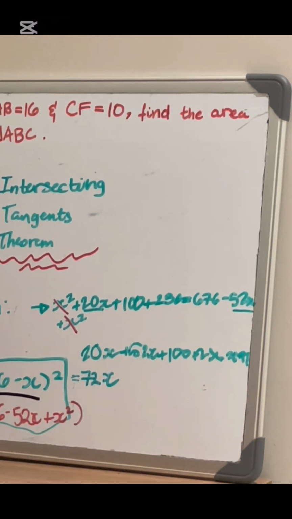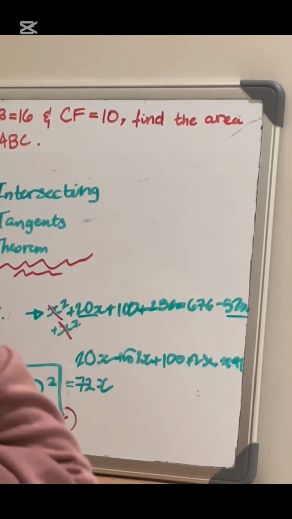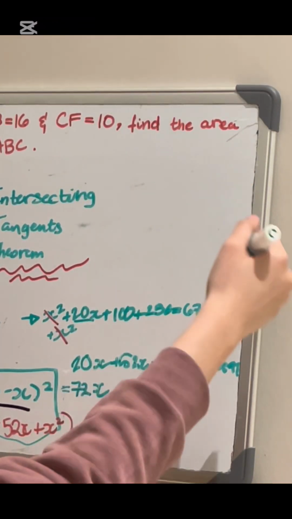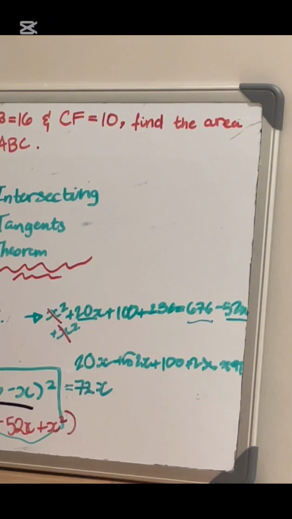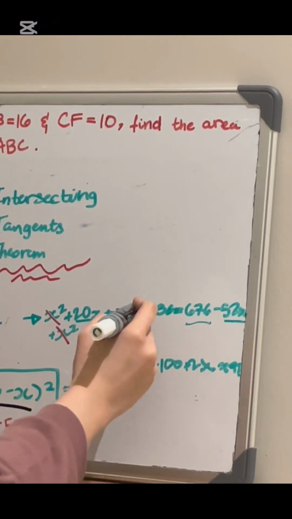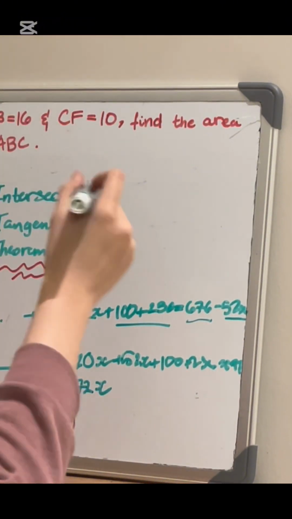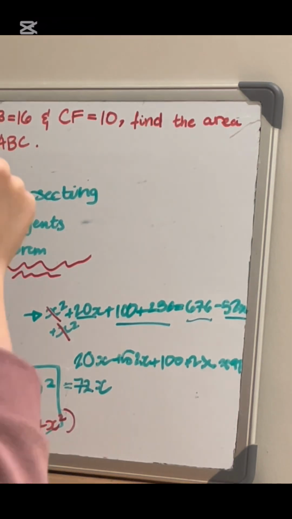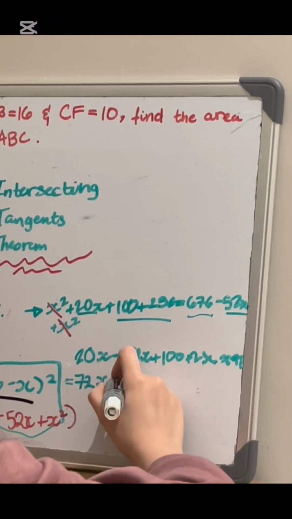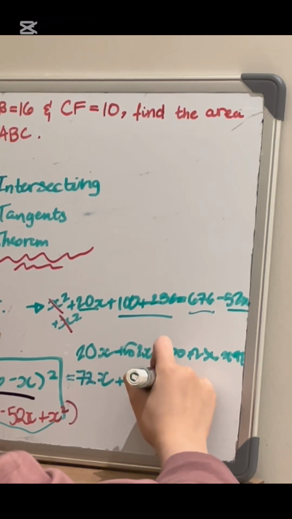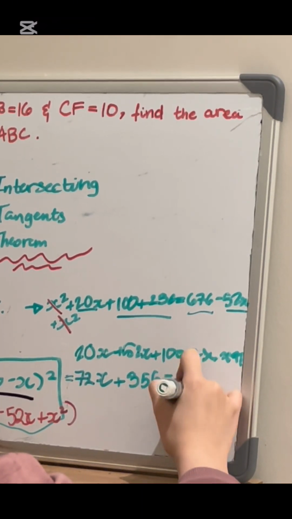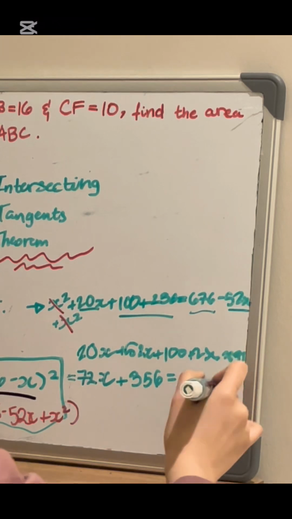And now we move on to the constants. The constants are 100, 256, and 676. First, let's add the constants on one side that we can see. That's 100 and 256. So that's positive 356 is equal to 676.